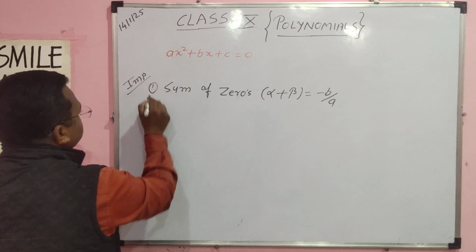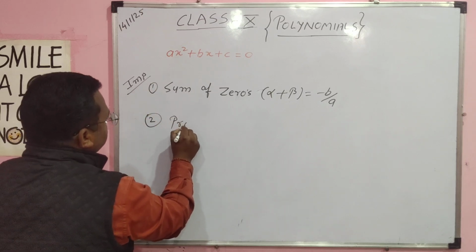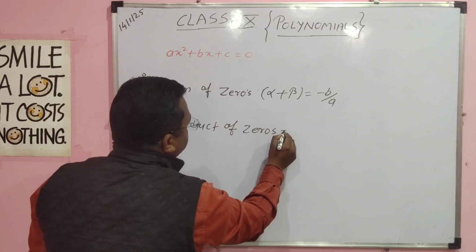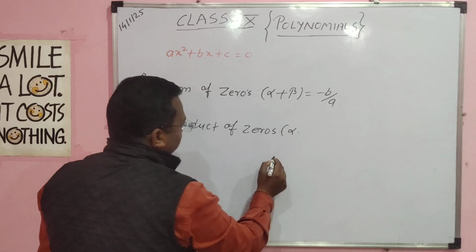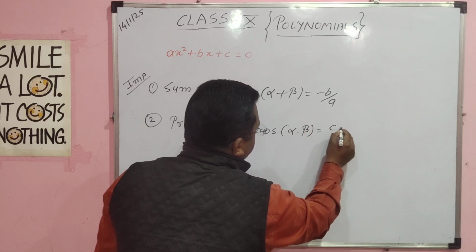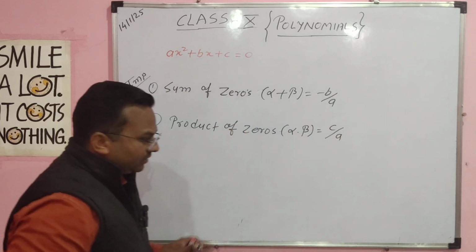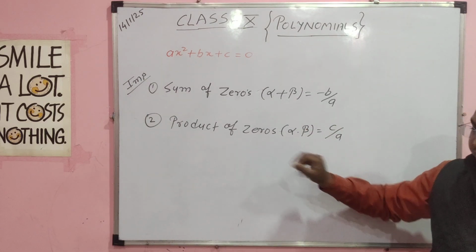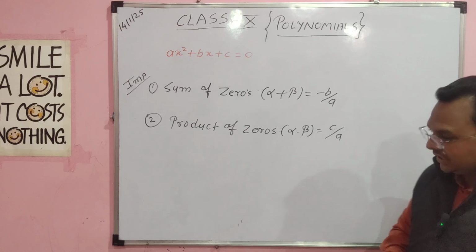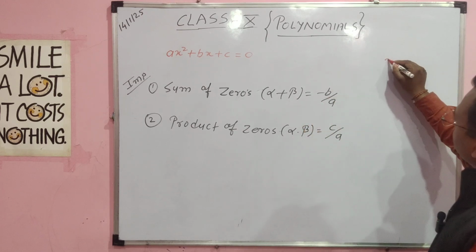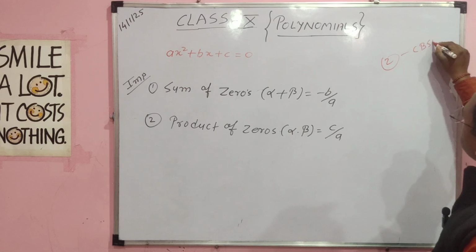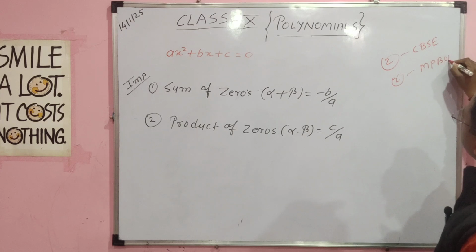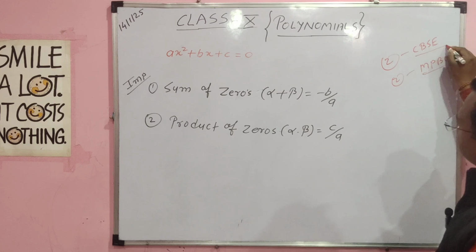And second is product of zeros, which equals alpha into beta equal c upon a. And both formulas are important for MCQs and questions. Clear na? How many marks for a question in the exam? 2 marks in CBSE, and 2 marks for MP Board also.